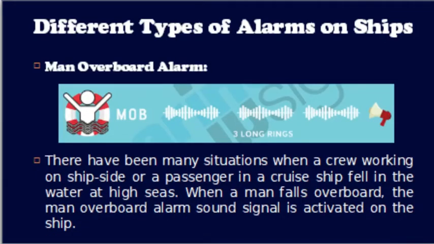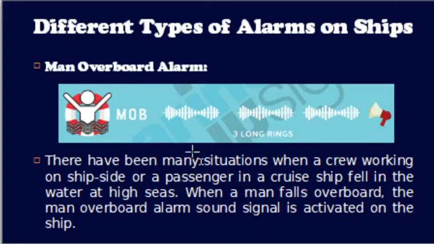So, next, the man overboard alarm. We are already aware of what a man overboard is. It's when someone falls into the sea. There have been many situations when a crew member working on the ship's side or a passenger in a cruise ship fell in the water at high seas. When a man falls overboard, the man overboard alarm signal is activated on the ship.